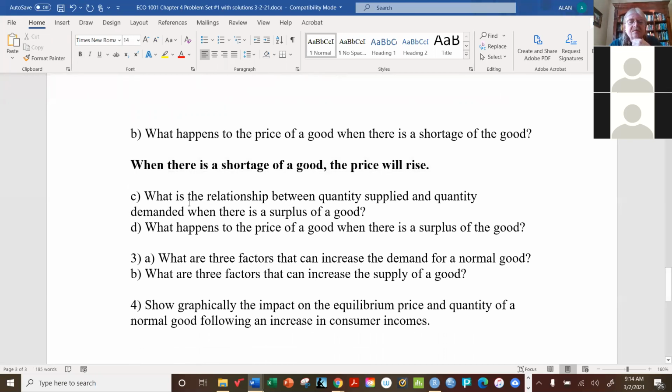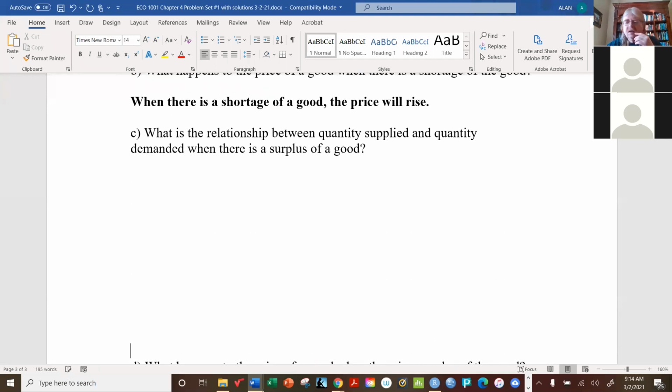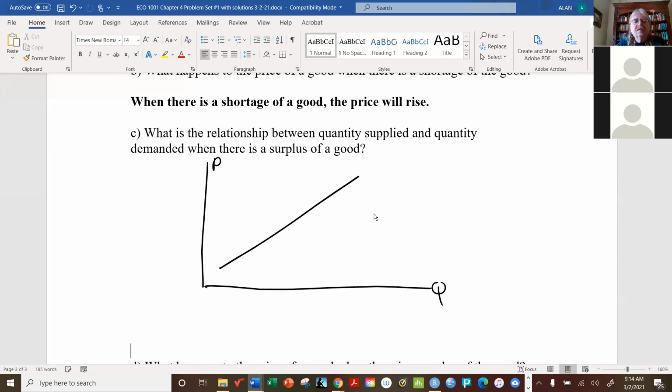All right, now, what about a surplus? Well, of course, this is just the opposite case. Let's take a look at this one with a graph. So we have an equilibrium, of course, right here.